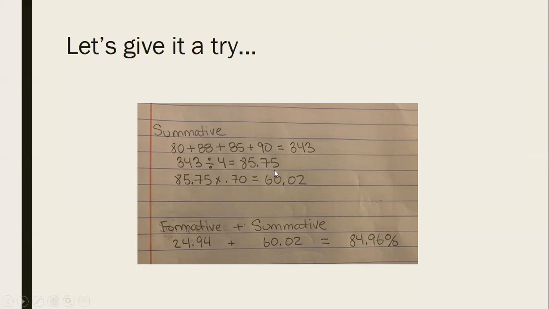We got 85.75. And then we took that number and multiplied it by 0.70 because it's a summative grade, and we got 60.2. We took the formative grade, which is a 24.94, and we added it to the summative grade, which is a 60.02, and we have 84.96, which is our actual grade.